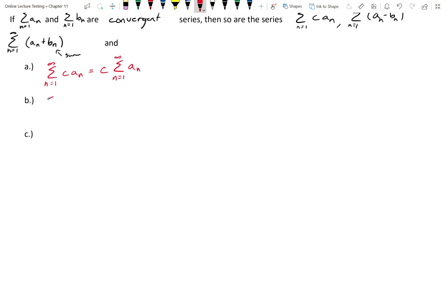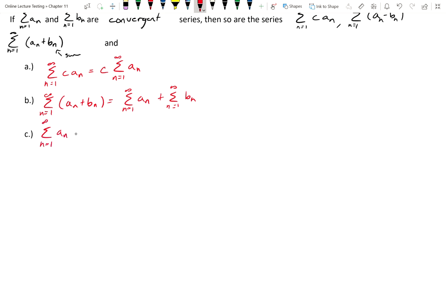The next piece is if we do have a sum of a sub n plus b sub n, then we can split the summation up into two pieces. The summation of a sub n plus the summation of b sub n.